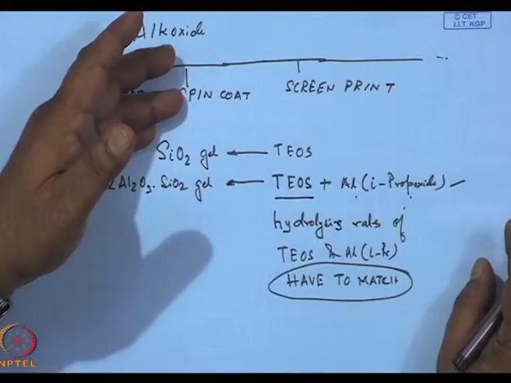Limited by the fact that if it is a 2-component system, 3-component system, getting matched hydrolysis rate becomes very tough. Yes, it is true that the fiberglass lens I am wearing has got a silica coating, but then it is simply from TEOS. And as I said last day, it can be made by dip coat or by spin coat.